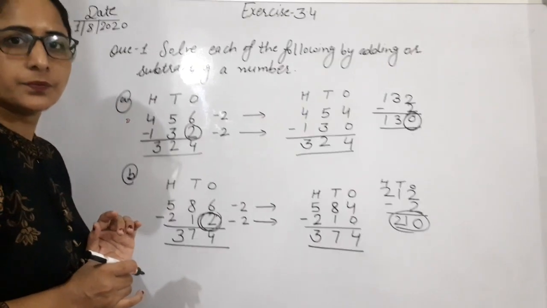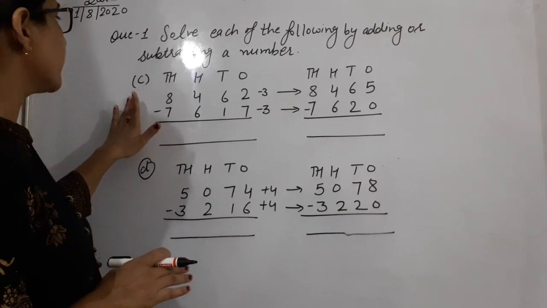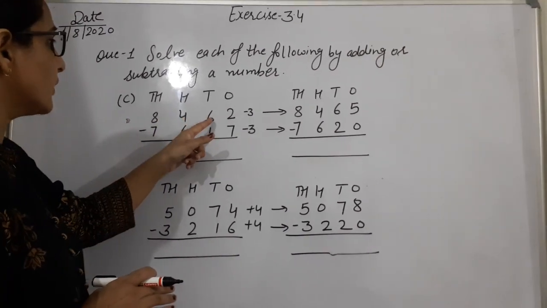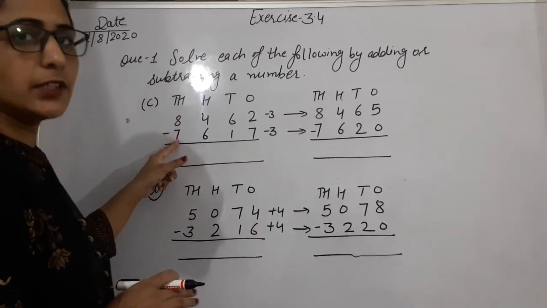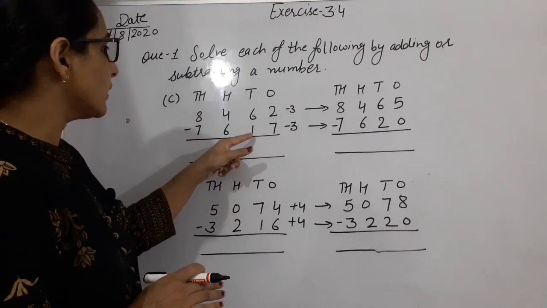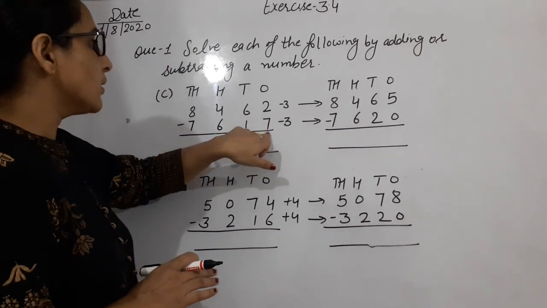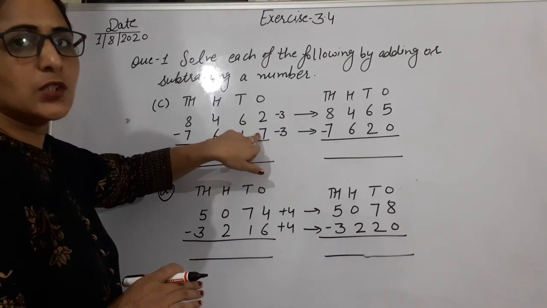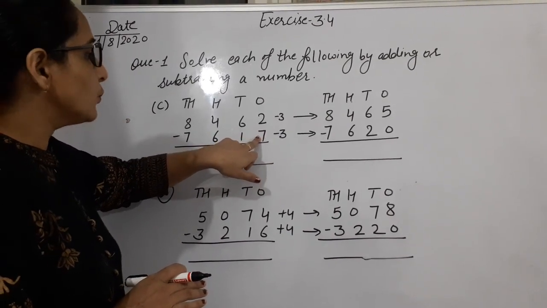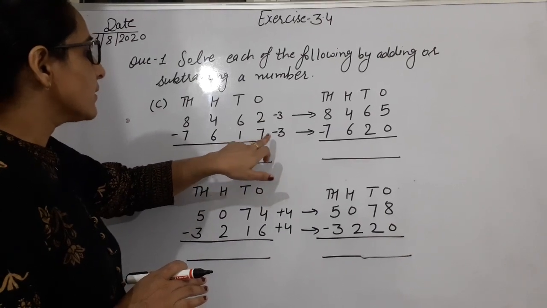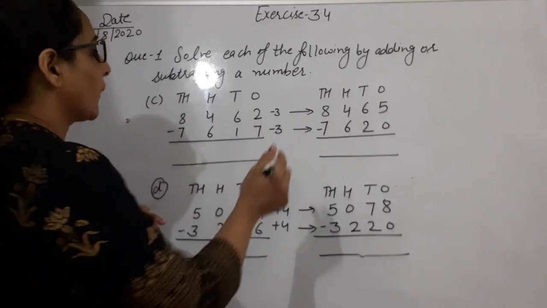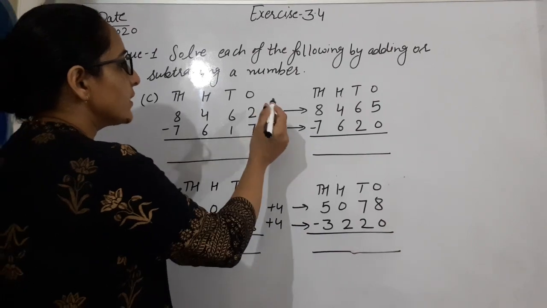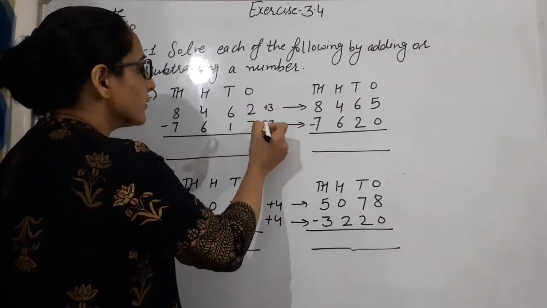Clear all of you? Now the part number C is 8462 and 7670. Clear? So we make this ones place end with 0. We convert this place to 0. So how do we do it? Otherwise we subtract 7 here, otherwise we add 3 here.